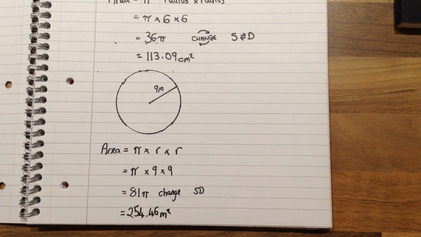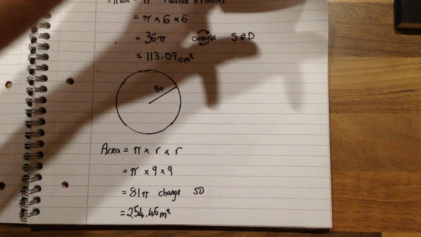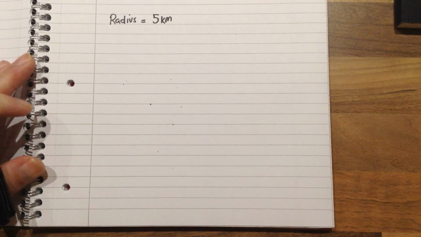Now the first few questions that I've given you on the worksheet are a little bit different to this. So just to show you what I'd expect. If it just tells you what the radius is, so if I say that the radius of a circle is 5 kilometres for instance, I haven't got a circle drawn, but I have got enough information to work out the area of that circle.